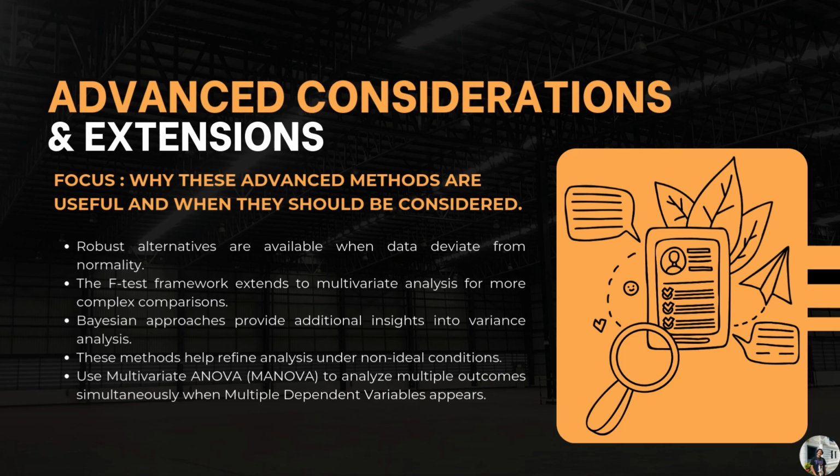The F-test framework extends to MANOVA for cases with multiple dependent variables. Third is Bayesian approaches. Bayesian methods incorporate prior knowledge to refine variance analysis. These strategies help ensure your statistical conclusions remain reliable even when conditions aren't ideal.